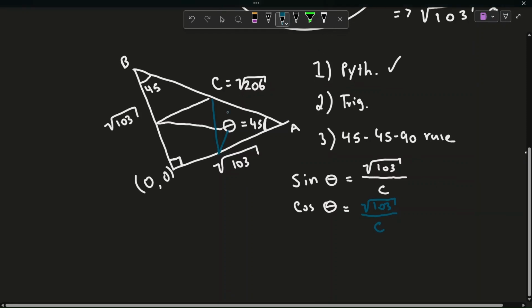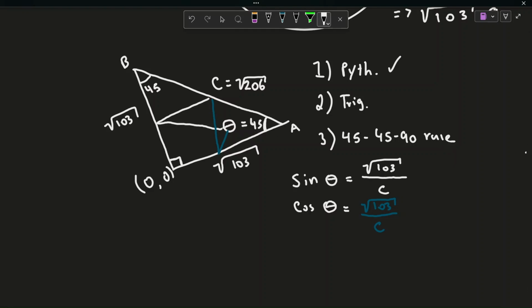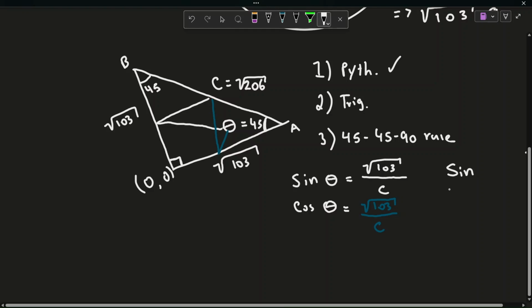Since this angle theta is 45 degrees, there's a very simple trigonometric identity we should know, or a value of sine and cosine of 45. Sine and cosine of 45 are both the same. If you know the unit circle, this would be very simple.